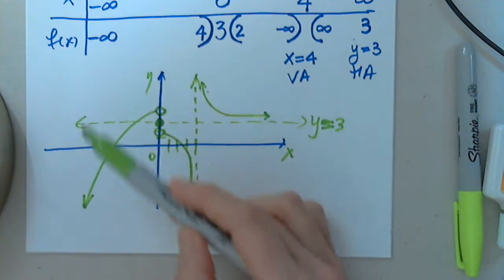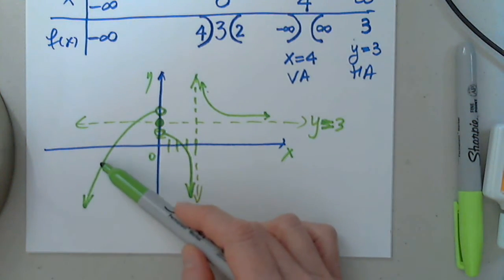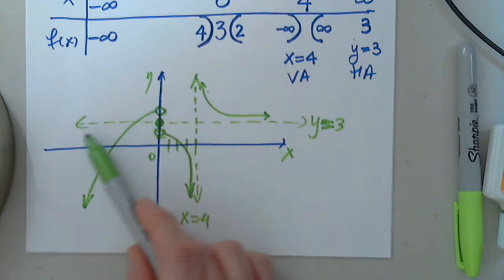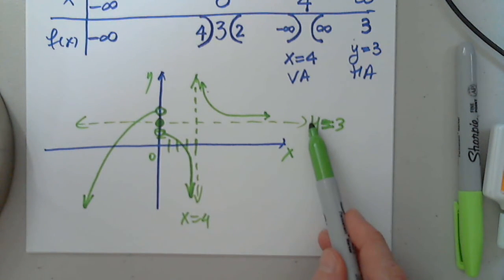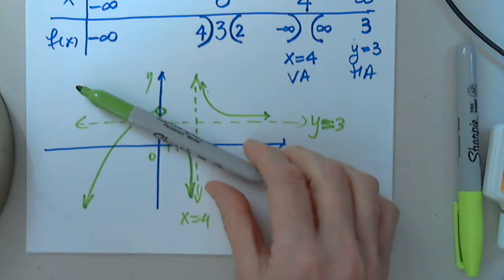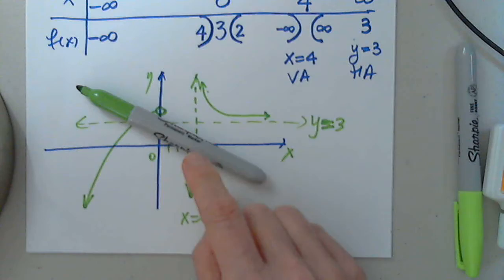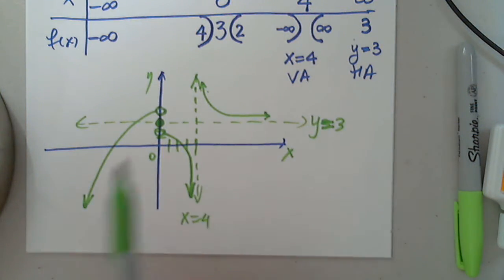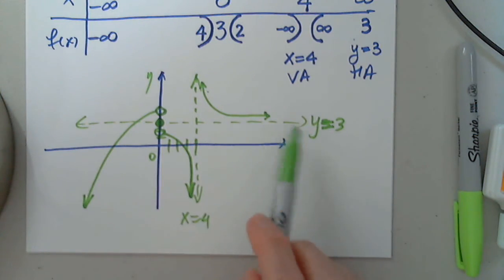So let's see. The function is coming from negative infinity. Any function can cross a horizontal asymptote. It can never cross a vertical asymptote. It can even cross a slant asymptote. Okay, so that is allowed, but not a vertical.